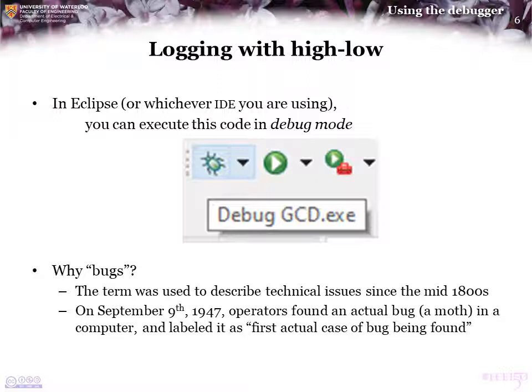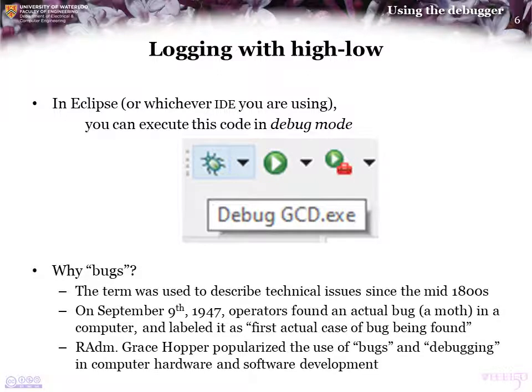Again, a play on words, meaning they found a bug, but this time it was a real bug. It was Rear Admiral Grace Hopper, who also worked on this project, who popularized the term bug and debugging in computer hardware and software development.